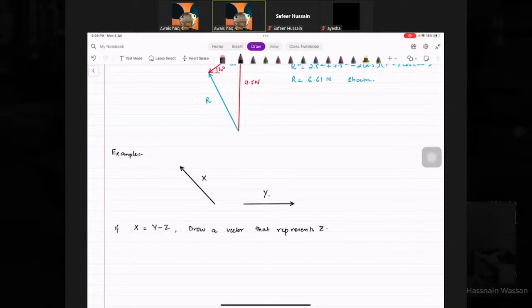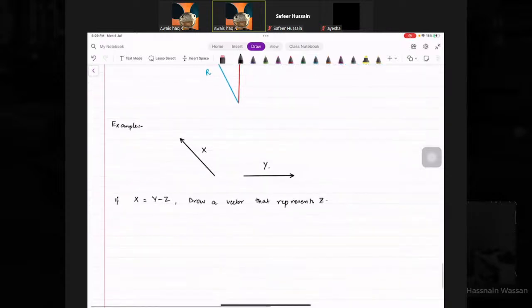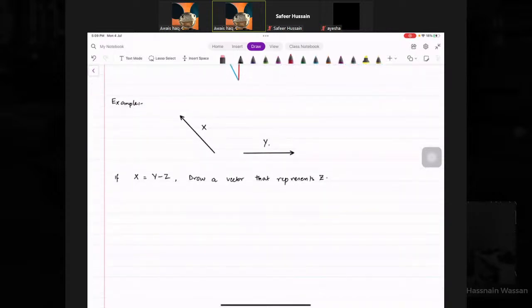So whenever such a question comes, the first thing you should always do is make z the subject of the equation. So if I take z on that side, x will come on this side, so it will be y minus x.